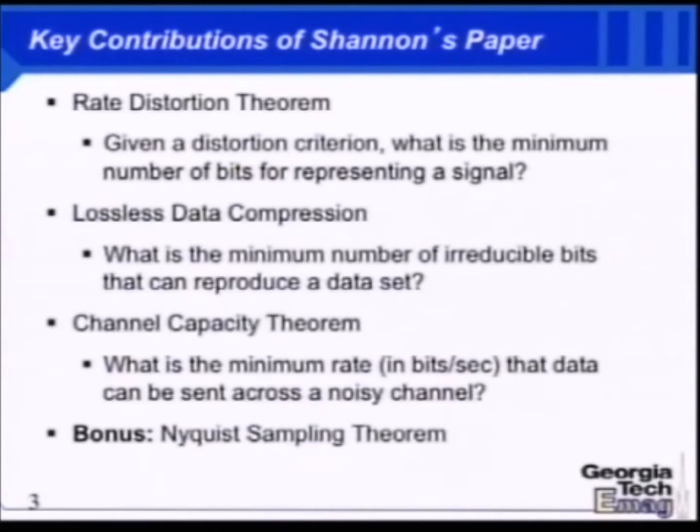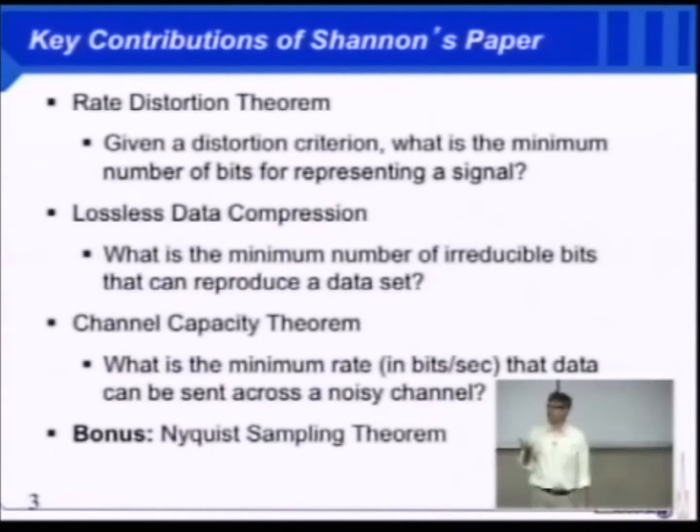One of them is called the rate distortion theorem. It says, given a distortion criterion, what is the minimum number of bits for representing a signal? That's actually what we're going to talk about today. That's the sampling and quantization issue. How do I take something that varies and has smooth behavior and digitize it?